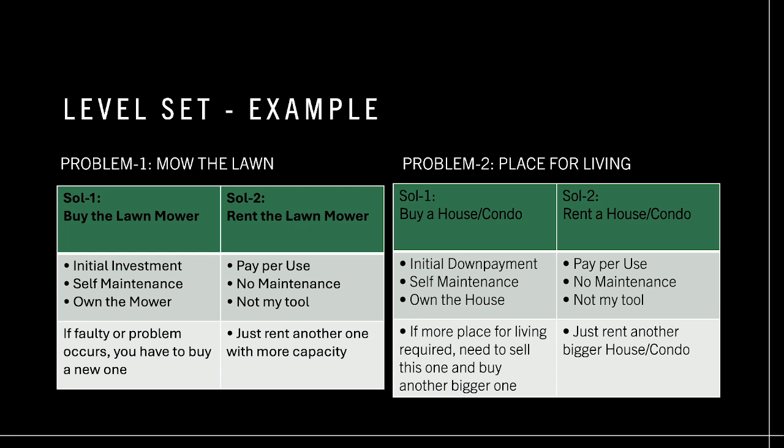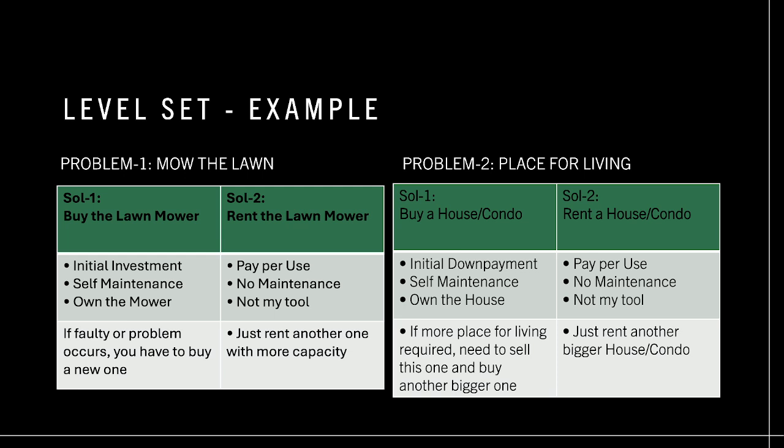Also, the second problem is a place for living. For that there are also 2 solutions. One is buying a house, and the second is renting a house or condo. If we buy a house, it needs an initial deployment, it needs self-maintenance, and we should be the owner of the house.